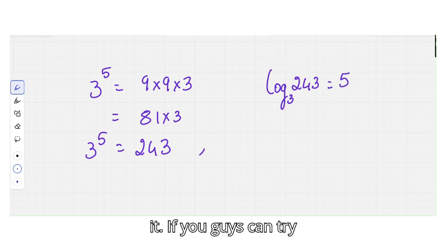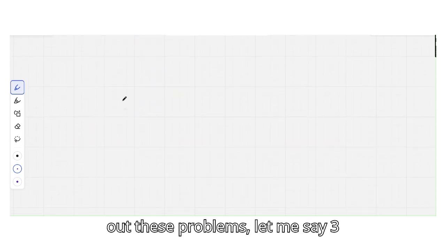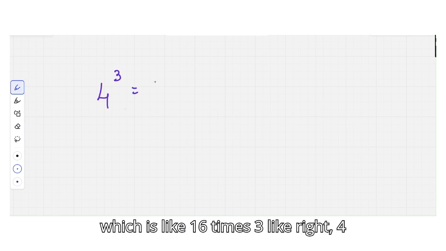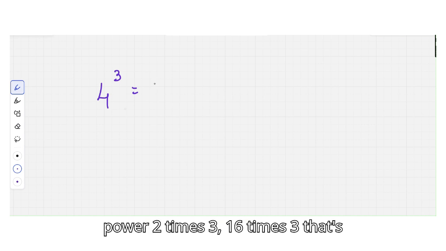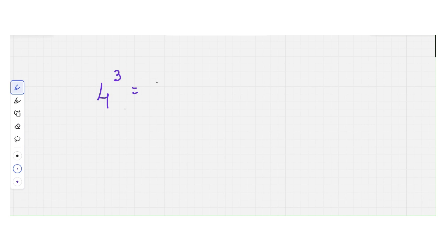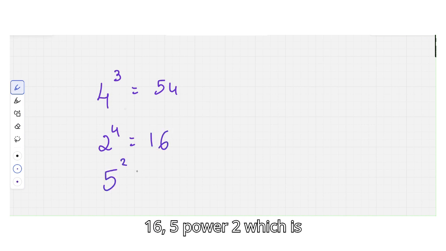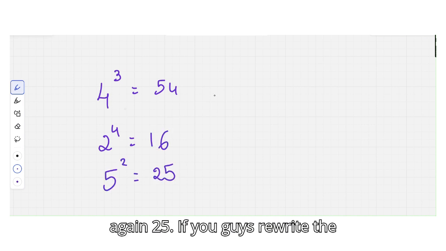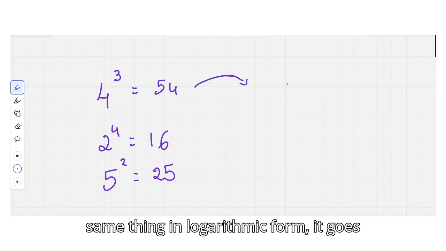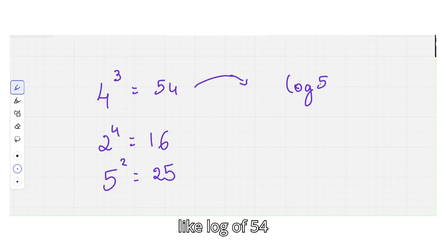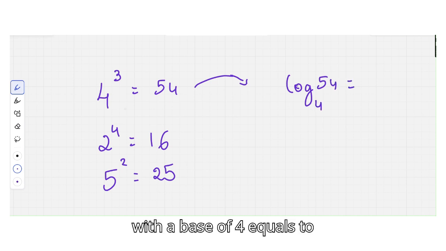That's it. You can try out these problems: 4 power 3, which is 4 power 2 times 4, 16 times 4, that equals 64, and 2 power 4, which is again 16, and 5 power 2, which is 25. If you rewrite the same thing in logarithmic form, it goes like log of 64 with the base of 4 equals, the power is our solution here.